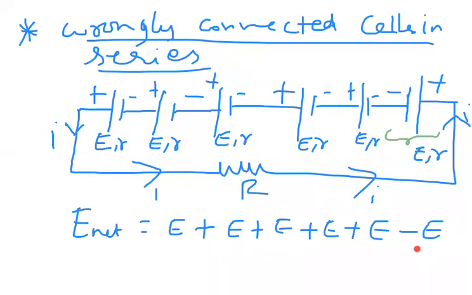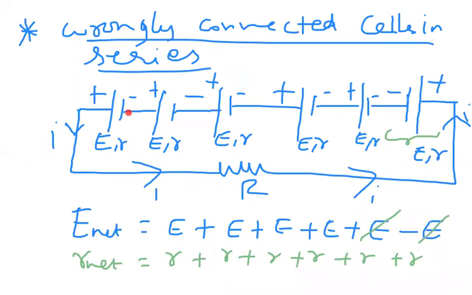Next, let us see R net. R net is equal to R plus R plus R and so on. Here we didn't bother about the negative or positive sign, because internal resistance is a scalar and doesn't have any direction.